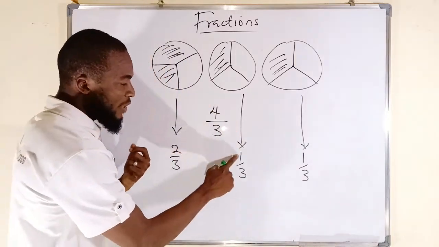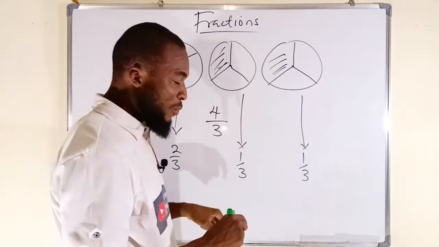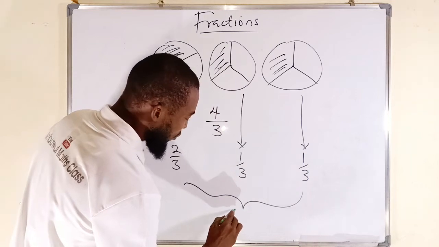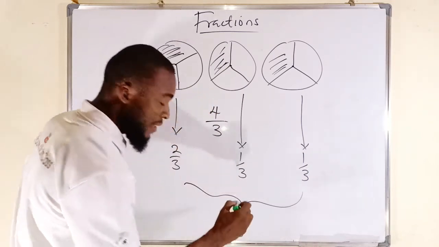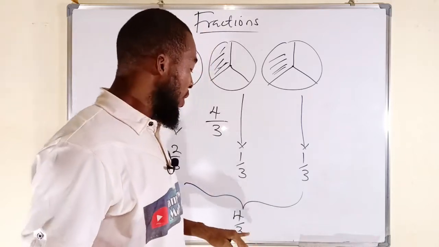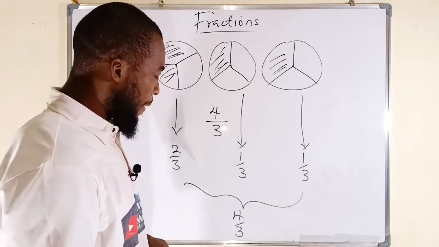So you can see 2 plus 1 is 3, plus 1 is 4, out of one single denominator. So all this together is what? 4 out of 3, which is an example of an improper fraction, when the numerator is greater than the denominator.